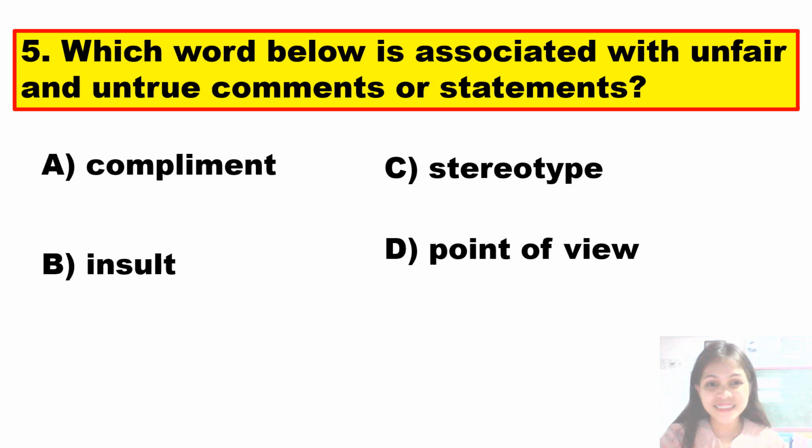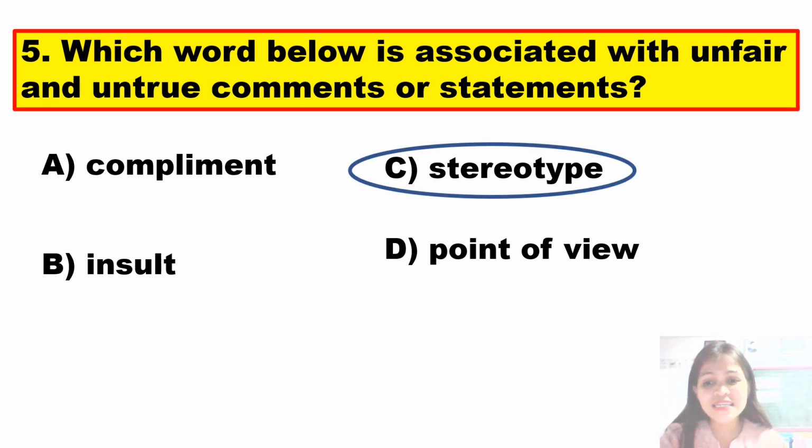A. Compliment. B. Insult. C. Stereotype. Letter D. Point of view. And the correct answer is, what is your answer? The correct answer is letter C. Stereotype. So use the clue. When you say stereotype, unfair and untrue comments.